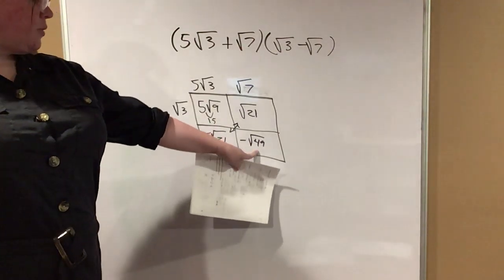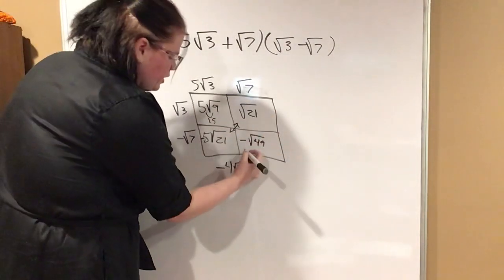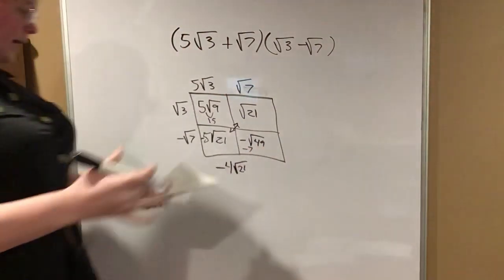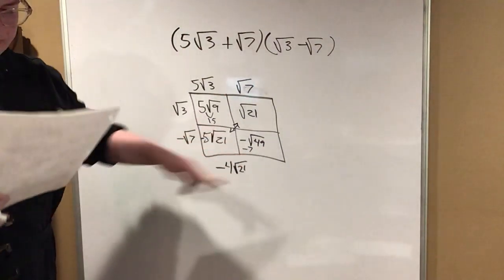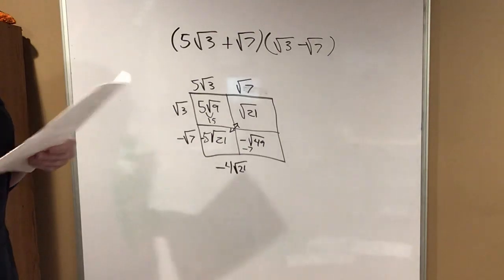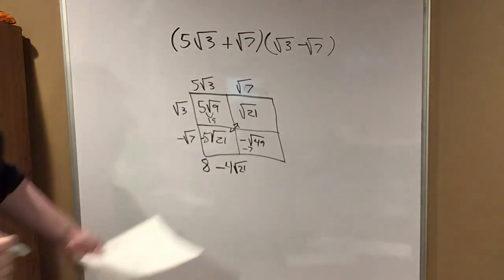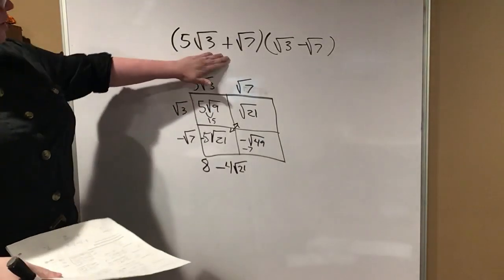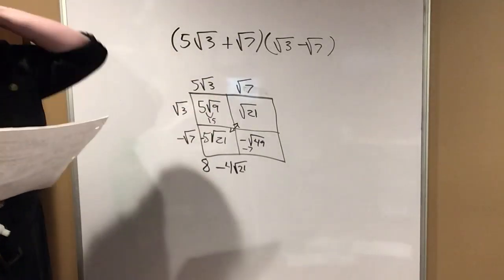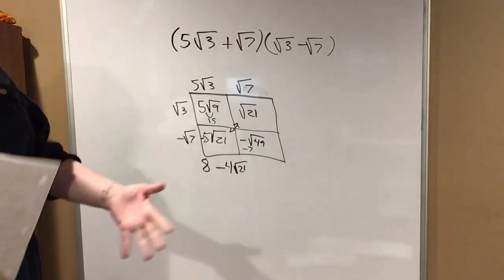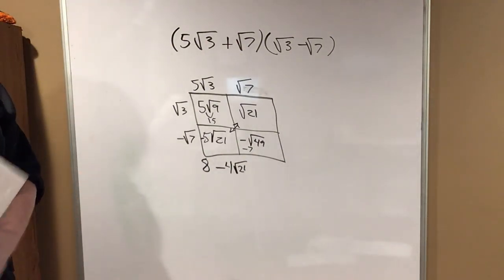Well, I have a perfect square here too. When I pull it out, I get negative 7. Now, what's 15 minus 7? Well, 15 minus 7 is just 8. So now I have simplified this to this. Just have to make sure you're simplifying what you can.